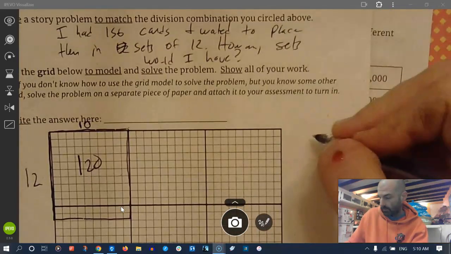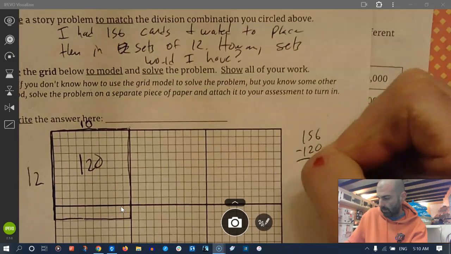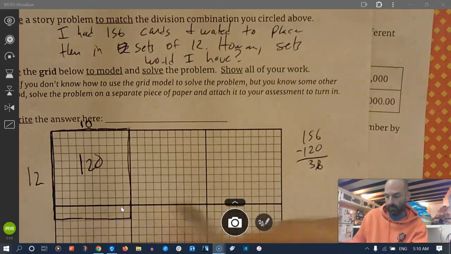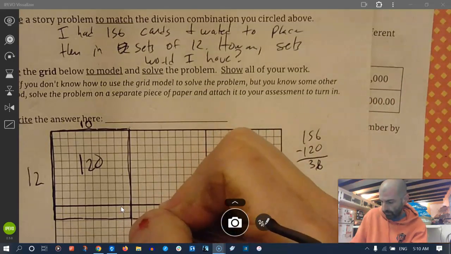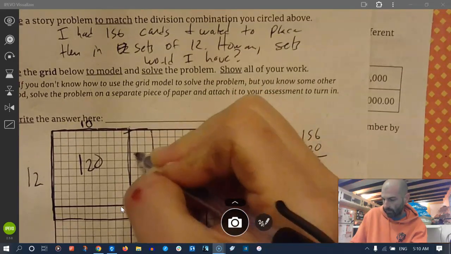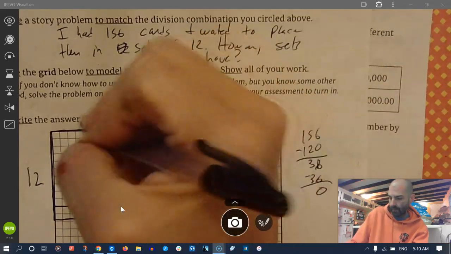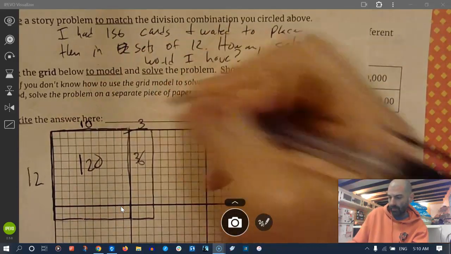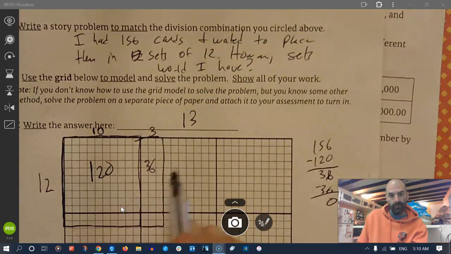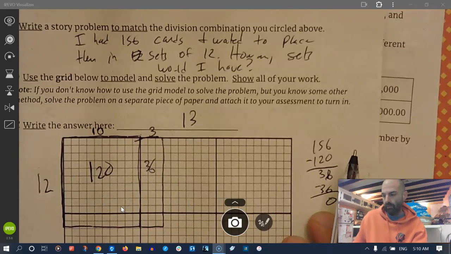I have 156, and I just put 120 in there, so now I have 36 left. Now 36 and 12, I know that's 3 groups of 12. 3 groups of 12 is going to be my 36, which gets me to 0. So that's 10 here and 3 here, so my answer is 13. There are 13 squares, units in each of the 12 rows.